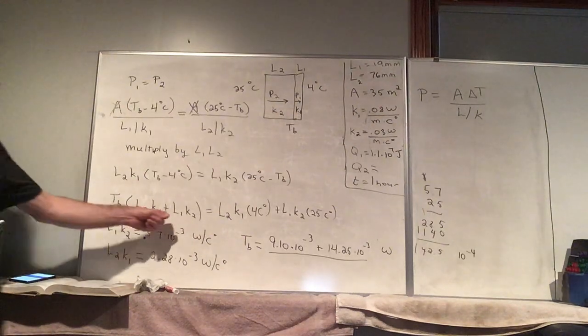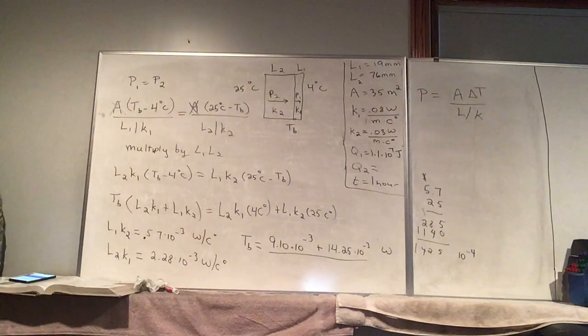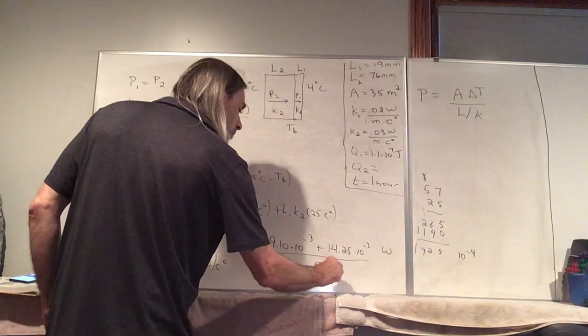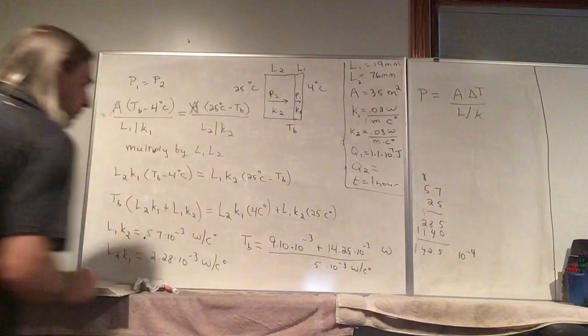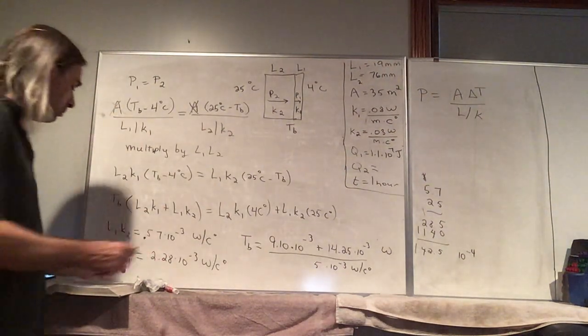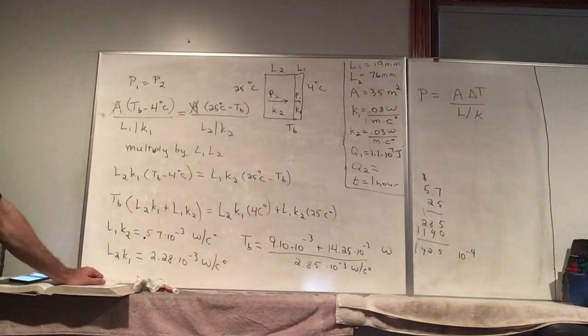So on the bottom we have L1K2 plus L2K1. So we add these. So 0.57 plus 2.28, units here are watts per Celsius degree. I think that's 2.85.